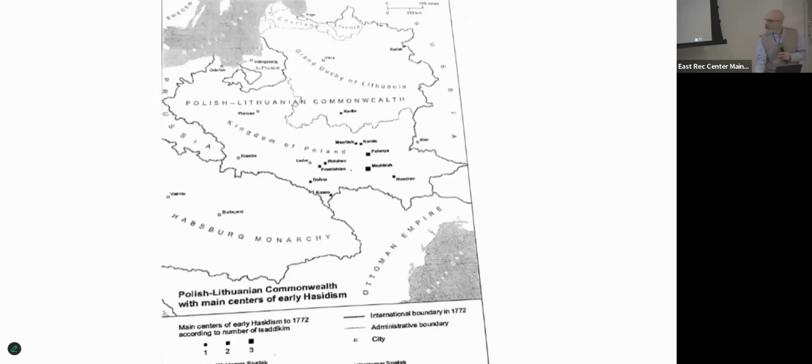So that's this Polish-Lithuanian Commonwealth, which is where most Jews in Europe lived up until the late 17th century and early 18th century.